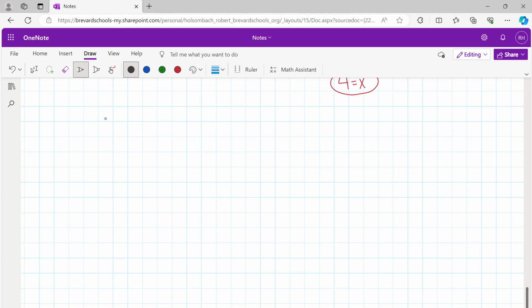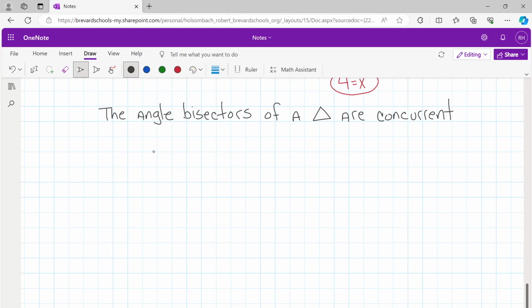We're going to say that the angle bisectors of a triangle are concurrent at the incenter, which is equal distance to the sides of the triangle.